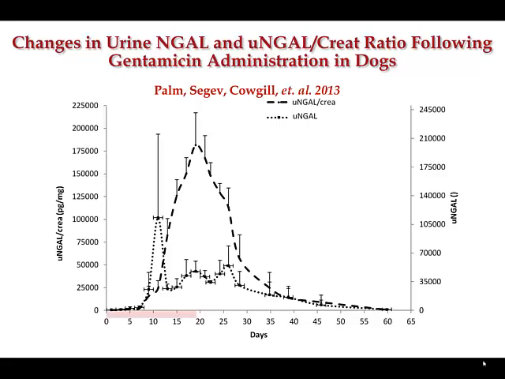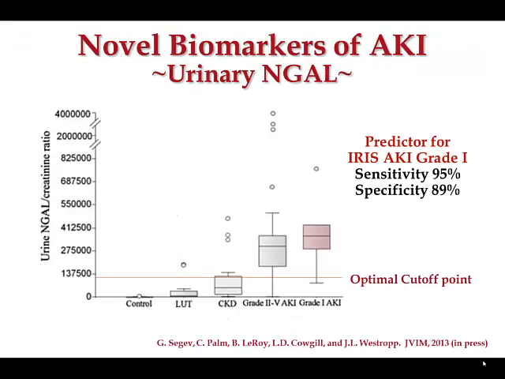Out at about 5 or 6 days, we're starting to see things happen. We've got this big spike here, but we'll look at this area and expand the range a little bit, and we'll see that NGAL is one of these markers that looks like it will be very early and very predictive. We looked at this, and this paper is now printed.